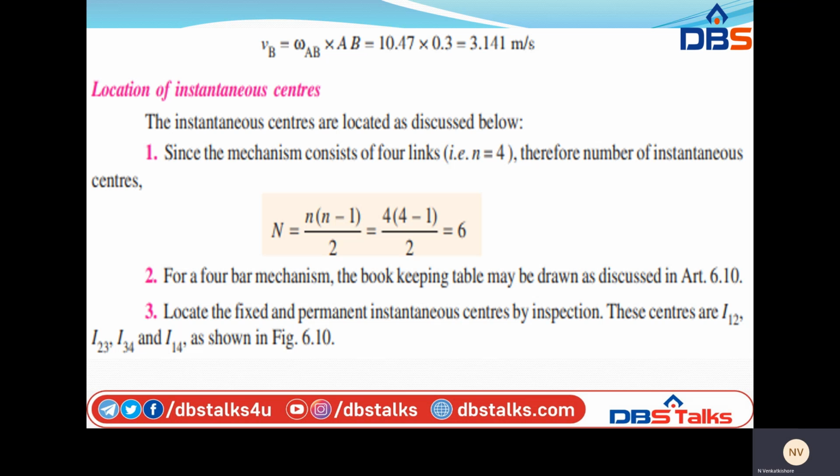We already found that value is 10.47, into 0.3. That is equal to 3.141 meters per second.